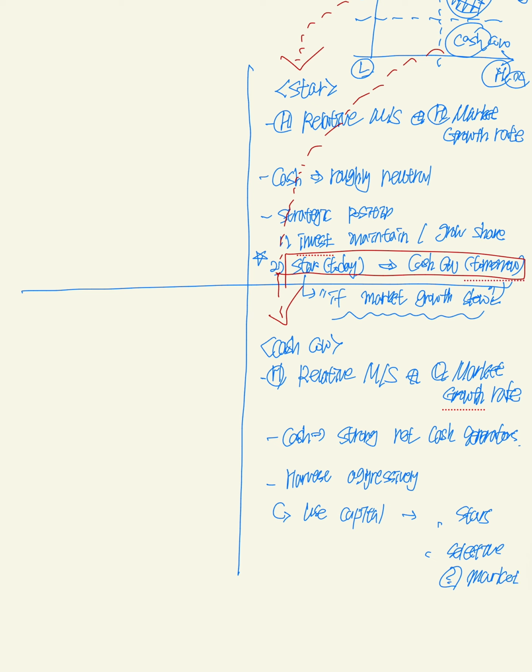Good. And the third one is the question mark, the problem children. So low market share but high market growth. So this area is the question mark.